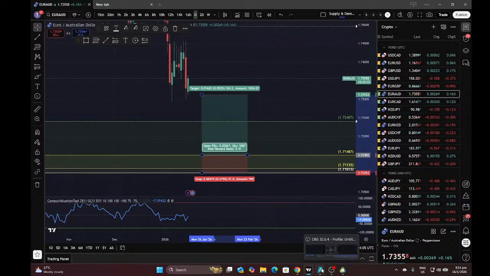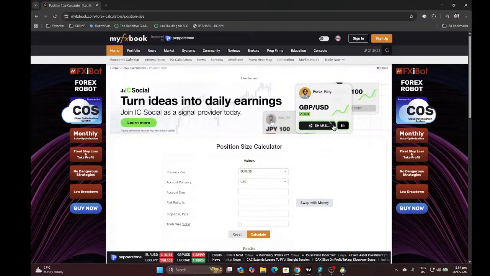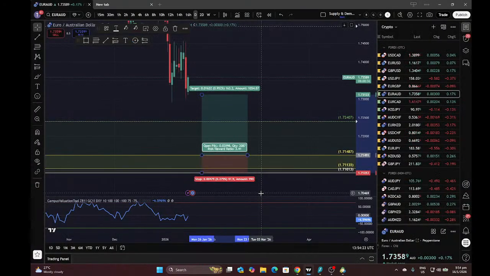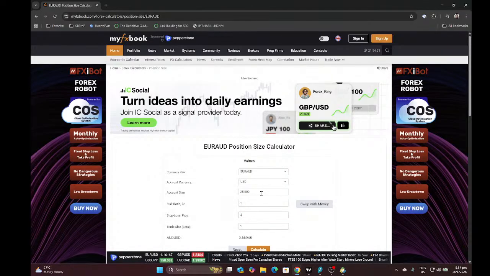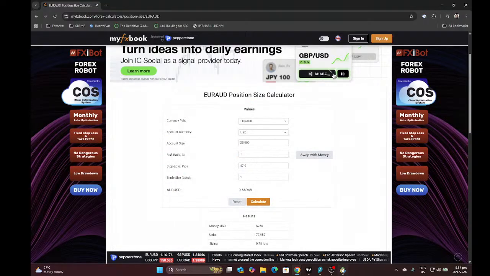Okay, this is the Euro Aussie. The pips is 47.9.